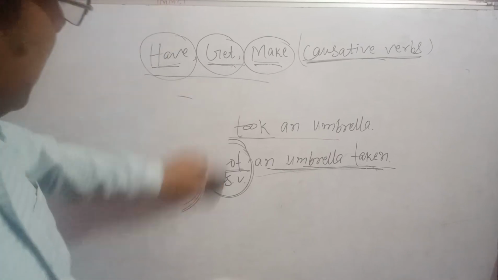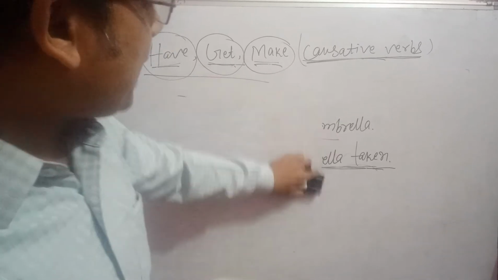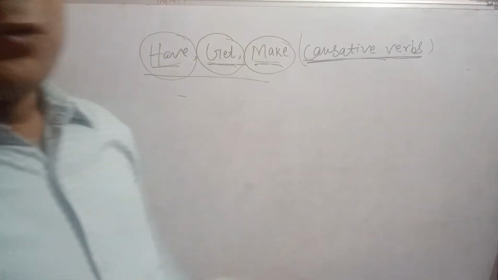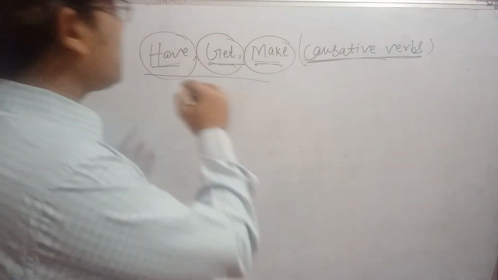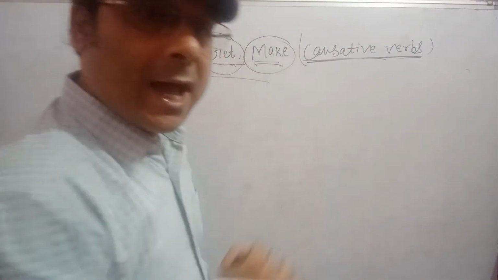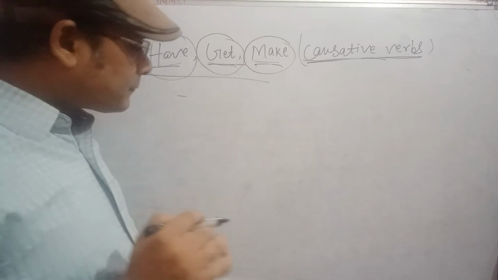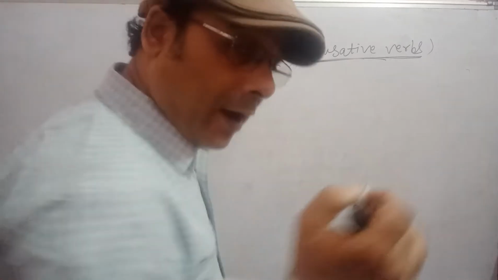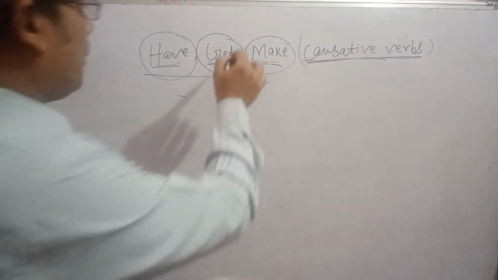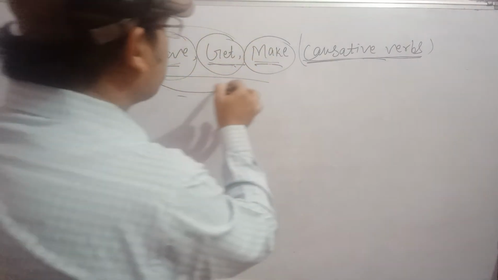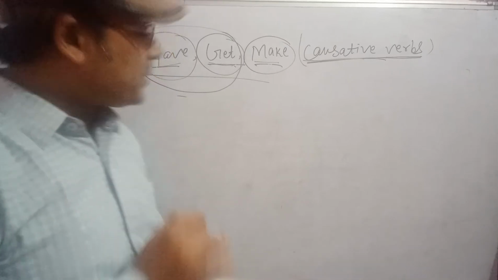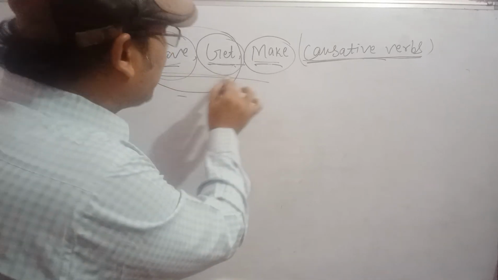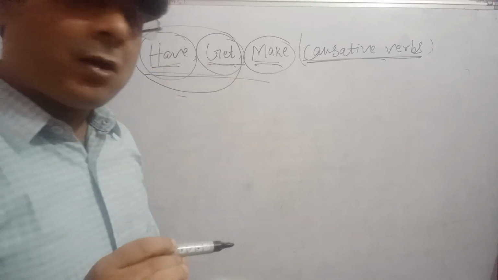To use have, get, make as causative verbs, we have different ways. How do we use have, get, make as causative verbs? Dear students, now first of all we are going to discuss have and get as causative verbs.